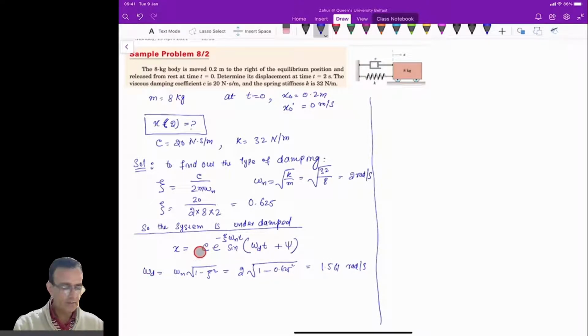But now in this equation, there are two constants. One is C and one is psi here. We also need to calculate these two constants.